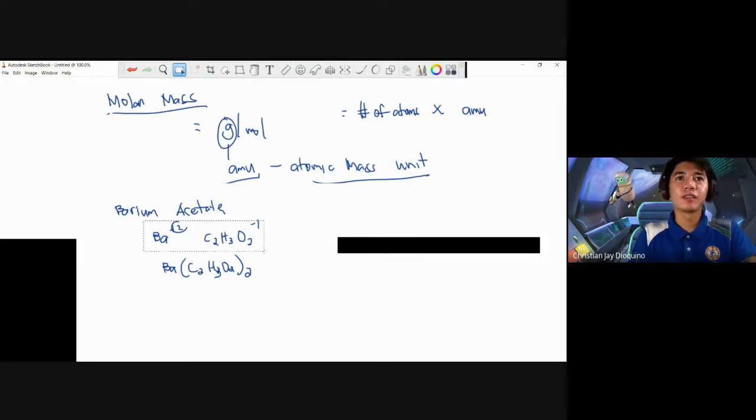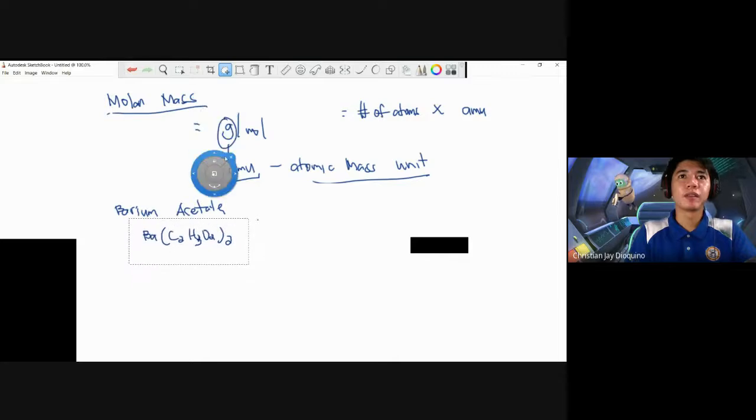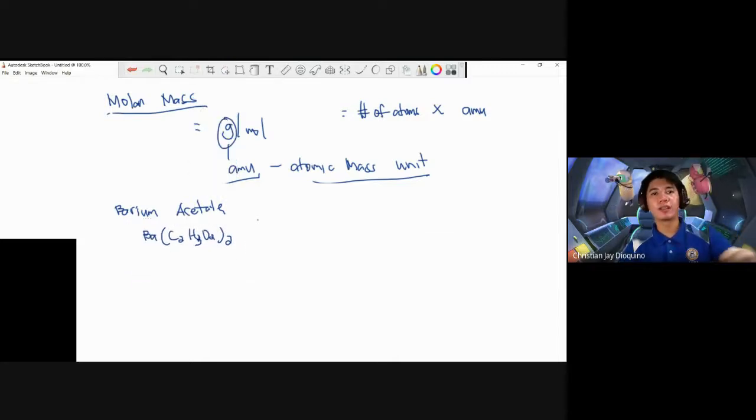Wait lang. Game. Okay, next. So, we want to get the molar mass of this.